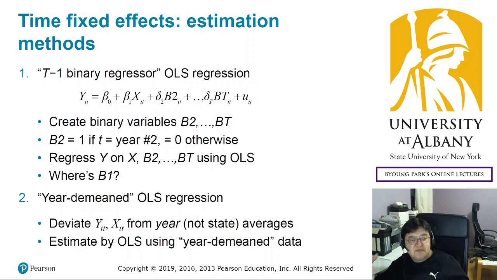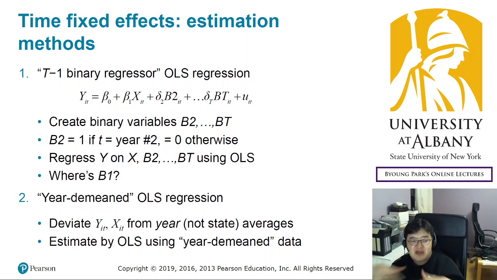But you have to think about this. The average is calculated over states because remember the purpose of doing this is to remove the fixed effects. But the fixed effects change over time. In this example, the fixed effects change over time, but are the same across states.